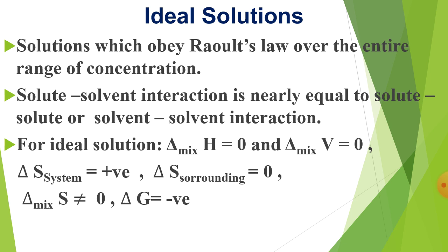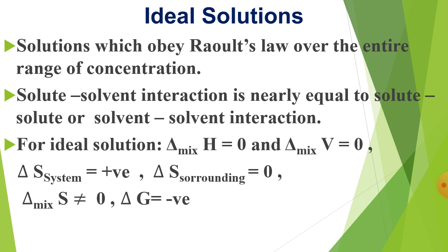Solution may be binary having 2 components, may be ternary having 3 components, may be quaternary having 4 components. But in this chapter we generally have to focus on binary solution having 2 components.